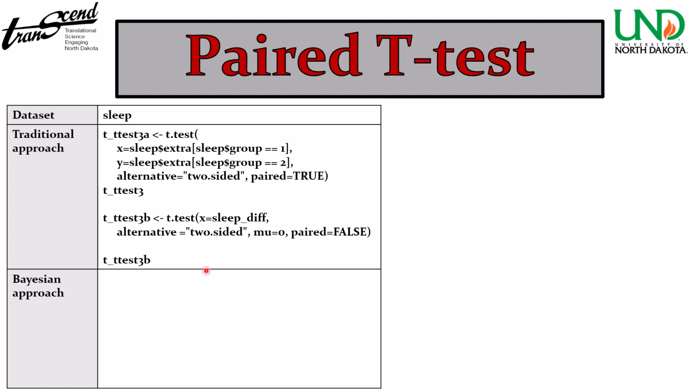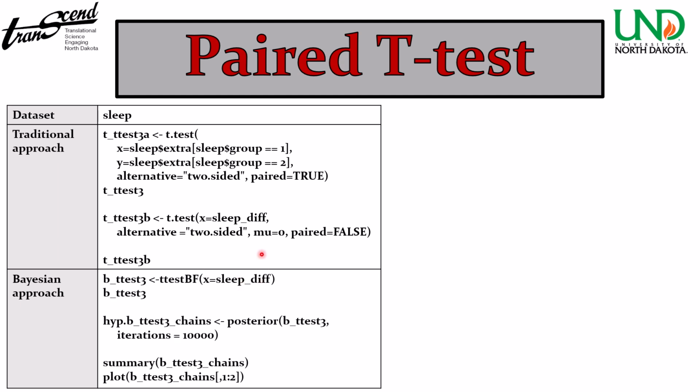And we can do the same thing for Bayes. And now something I did with the traditional approach here, I can split them out by group like this. I also created a variable called sleep diff, where I just subtracted the sleep measurements of group 1 from the other, and then did paired false and compared it to 0, because it turns out paired t-tests are functionally equivalent to a 1-sample t-test where you're measuring the difference between the paired values compared to a constant.